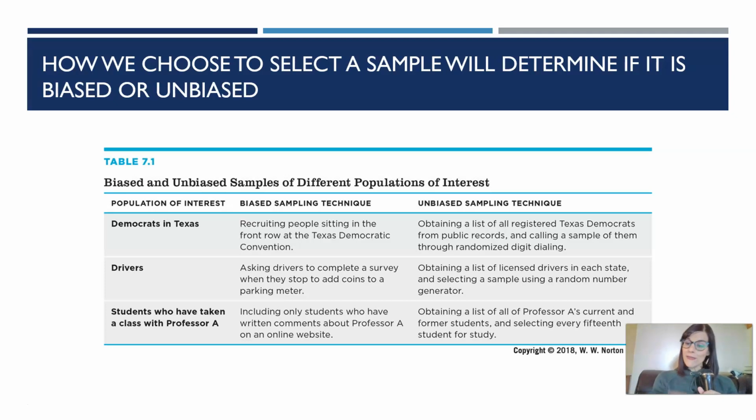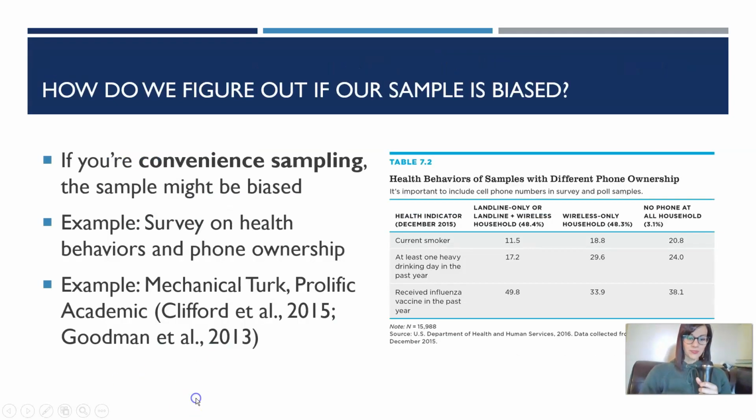You're not really going to find a lot of people who are just like, yeah, they were just okay. You're typically going to find people who are either really die-hard for Professor A or loathe Professor A. You're not going to get the middle of that curve. You're only going to get the extremes. So once again, pretty biased sample.